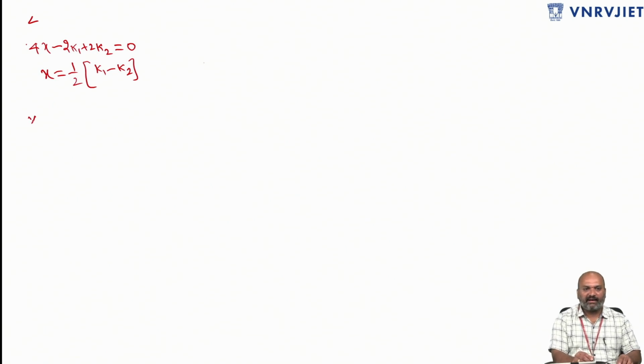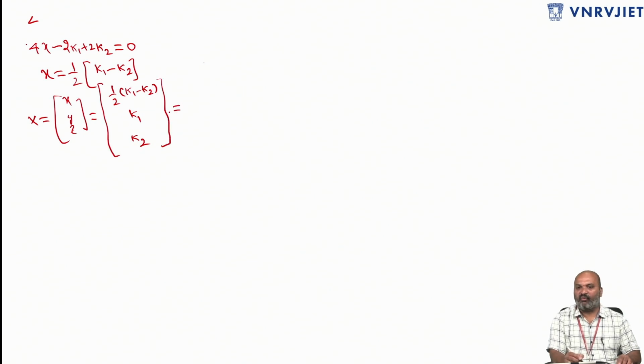Now what is the vector? Now rewrite the vector x, y and z, which is half (k1 minus k2) as the value of x, and y and z. Now let's write this vector as the coefficients of k1 and k2.